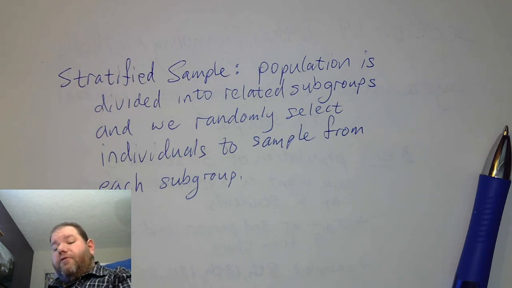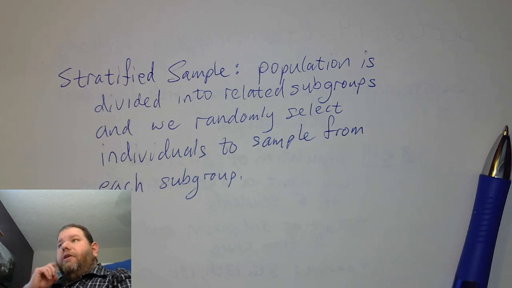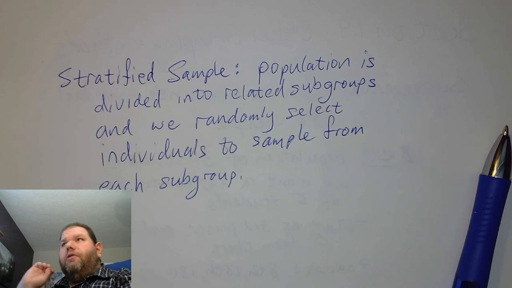So in a stratified sample, again, the idea is that we break up the population into different subgroups and then try to select individuals from each subgroup. Our subgroups may not always be equal in size, so we may not get the same number of individuals from each subgroup.